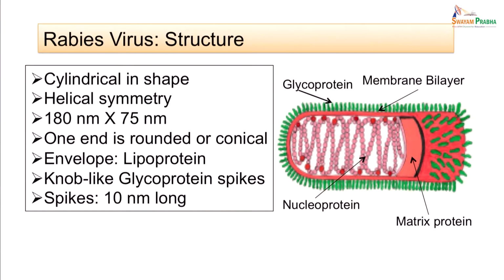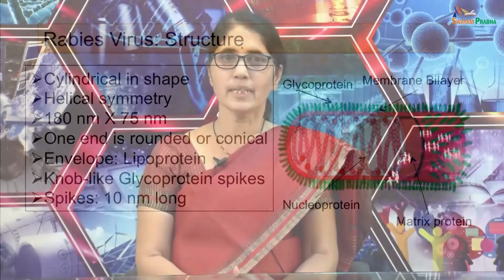The virion particle is surrounded by a lipoprotein envelope where the lipid part is derived from the host membrane and the protein is virus coded. The envelope is studded with knob shaped glycoprotein spikes which are about 10 nanometer long. Below the envelope, there is a layer of matrix protein.